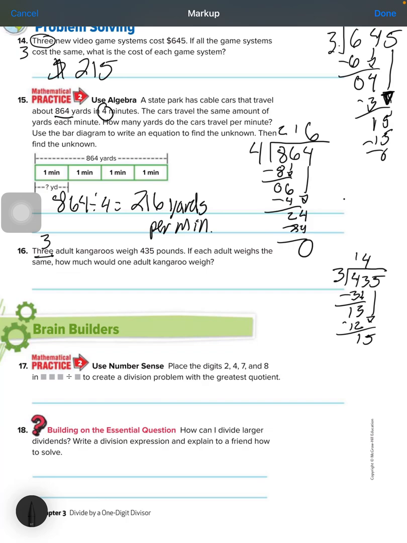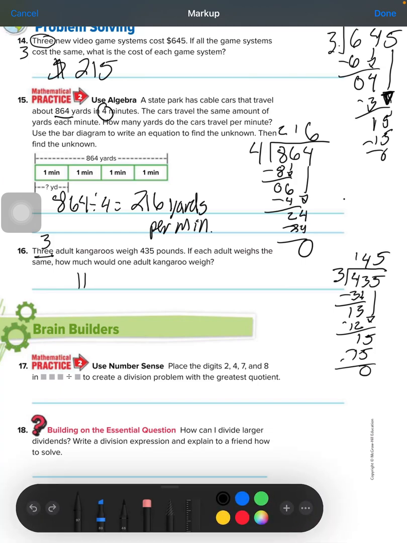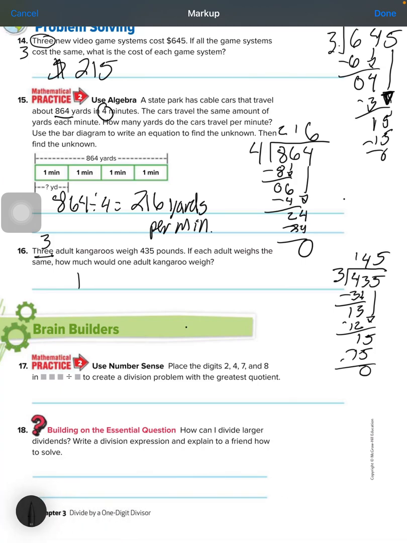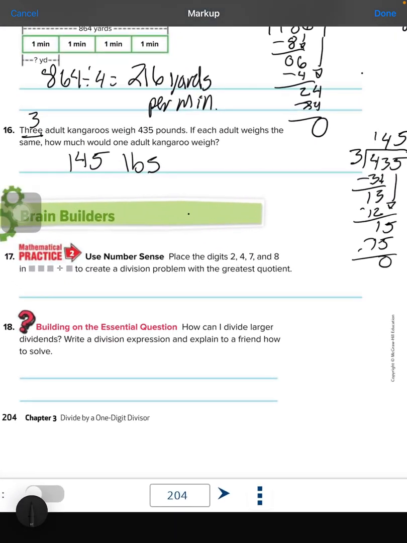Bring down the 5. 3 will go into 15 5 times. Ta-da! So each kangaroo weighs a whopping 145 pounds.